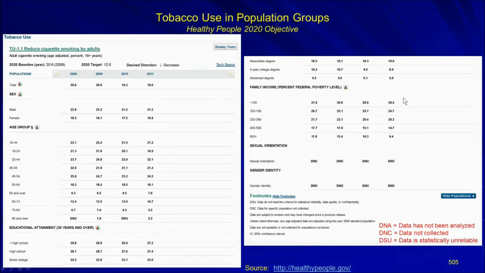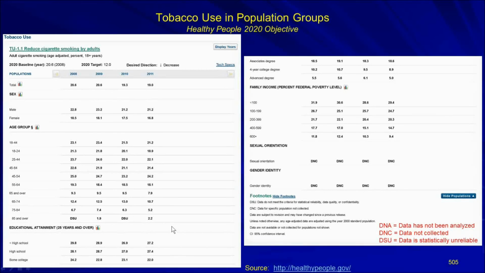And with family income, the more you're under the poverty level, the more you're going to smoke. So we draw conclusions pretty quickly. We can see that if you're a low income person, if you're not particularly educated, you're more likely to smoke.